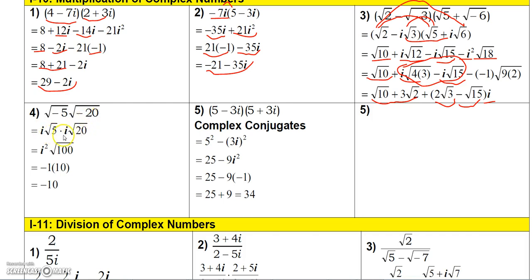Square root of negative 20 is i times square root of 20. And then when you multiply these together, i times i is i squared, and square root of 5 times square root of 20. Now you can multiply that together and get square root of 100. But then i squared is negative 1, and square root of 100 is 10. So you actually get minus 1 times 10. So your answer is minus 10.